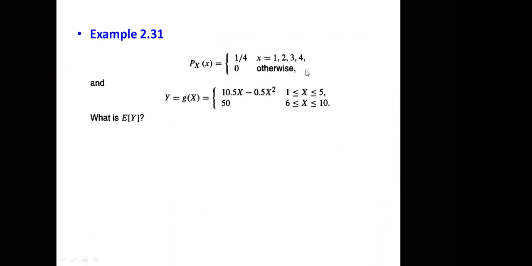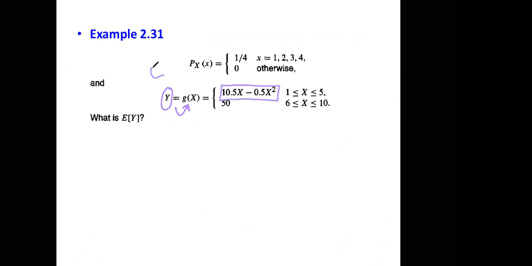Okay. So this is example number 2.31, and here we are having a function of x. What is the function of x? Look at that. This is the y, which is equal to g of x, which is a function of x.